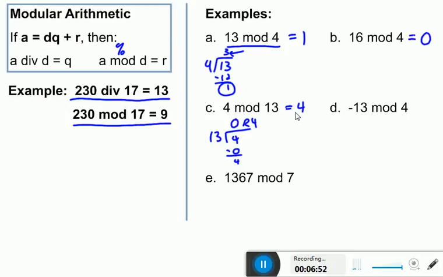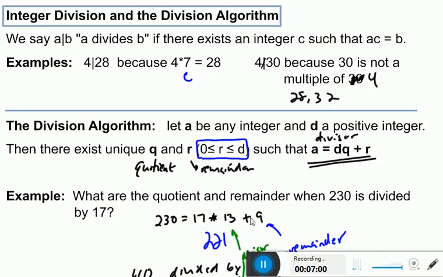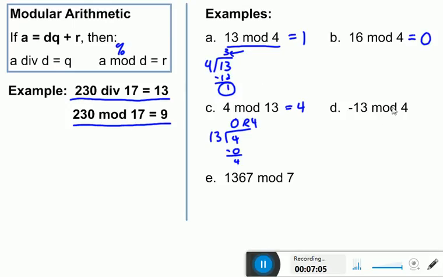Okay? Negative 13 mod 4. This is where it gets a little bit complicated. The remainder, as stated over here, has to always be positive. Okay? So it might be tempting to say 4 times negative 3 is negative 12, and then you could subtract another 1 to get to negative 13. But the problem is, if this was our remainder, it would not be positive.